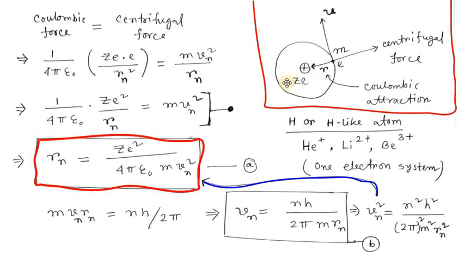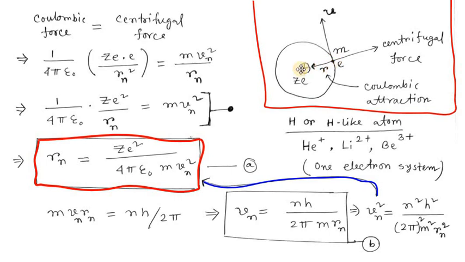Why Z? Z is the number of protons. Neutrons are neutral, so the total charge will be the number of protons multiplied by the charge of the electron, with the opposite sign. For a hydrogen-like system, there will be only one electron.